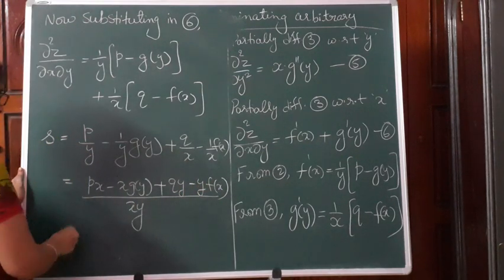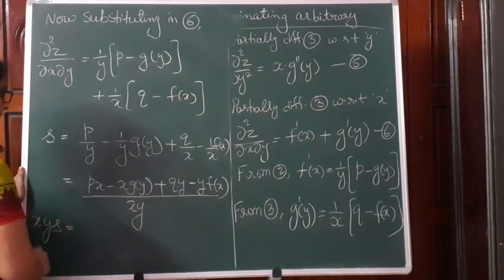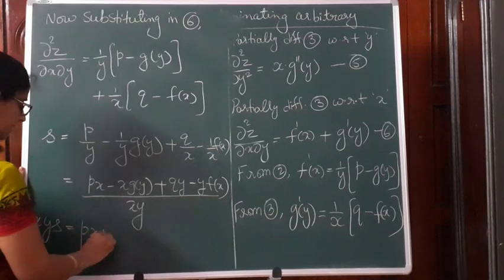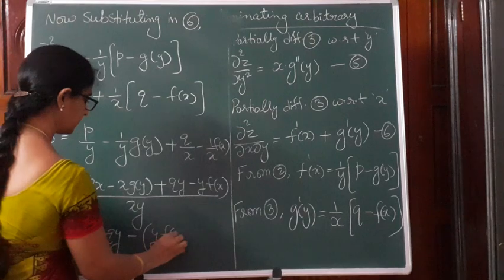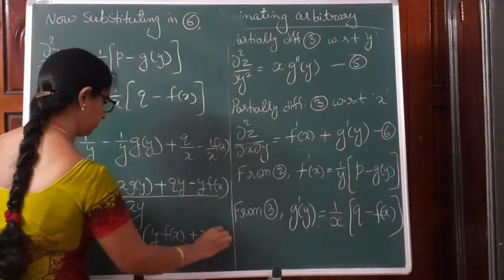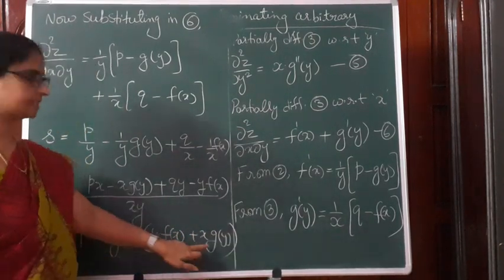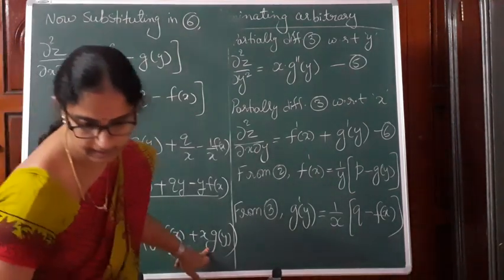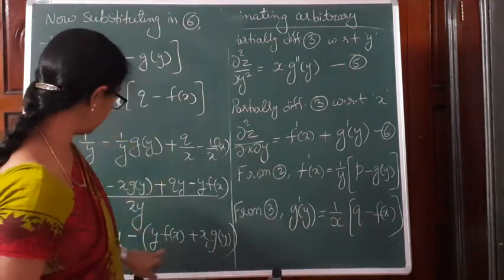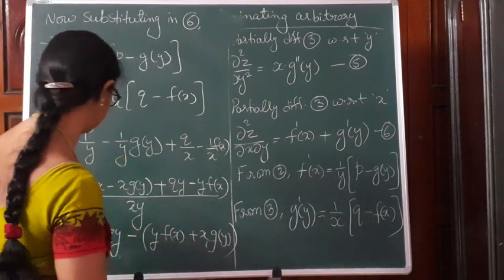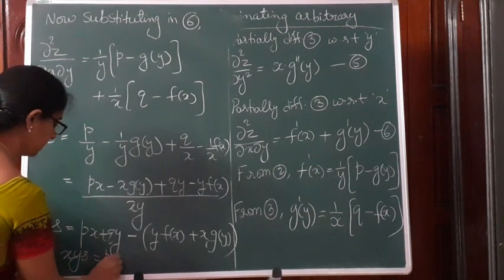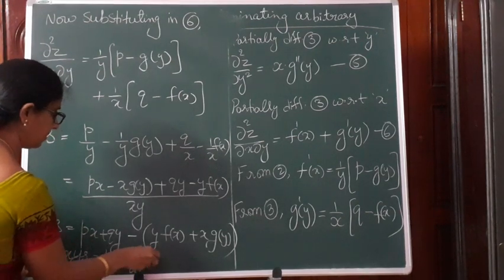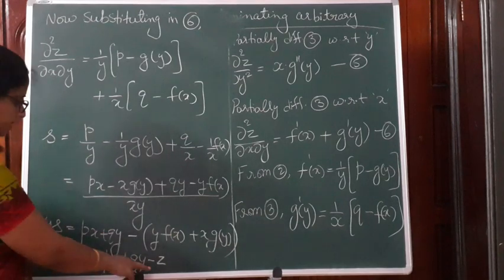That is, xy into s is equal to px plus qy minus (y into f of x plus x into g of y). But what is y into f of x plus x into g of y? It is given in the question as z. Therefore, xy(s) is equal to px plus qy minus z. This is from equation 1.